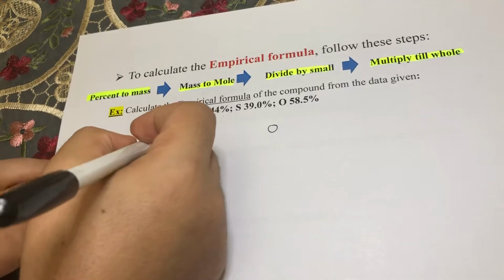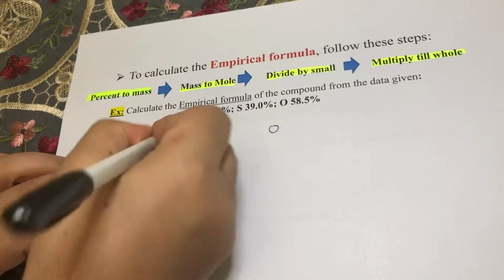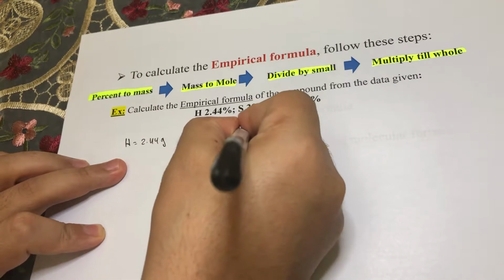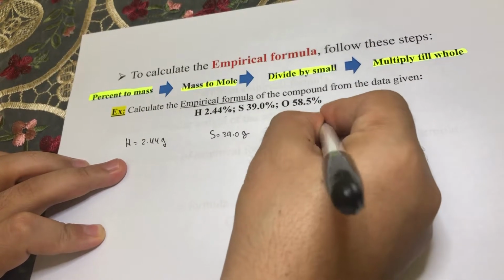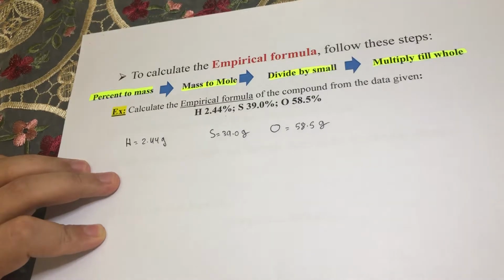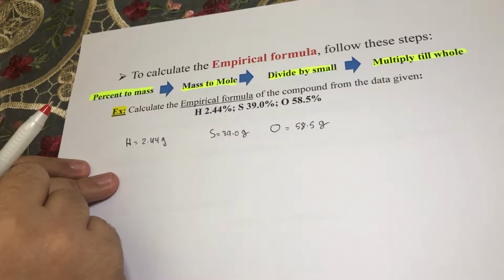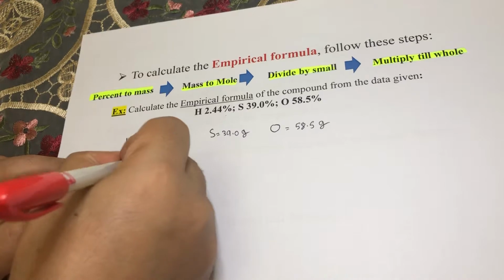Let's see, in hydrogen, sulfur, and oxygen. Here, when we convert from percent to mass, hydrogen is 2.44 gram, sulfur is 39 gram, and oxygen is gram. Second one, mass to mole. We know the number of moles is equal to mass over molar mass, and the molar mass we get from the periodic table.